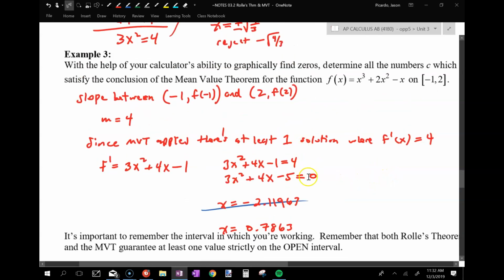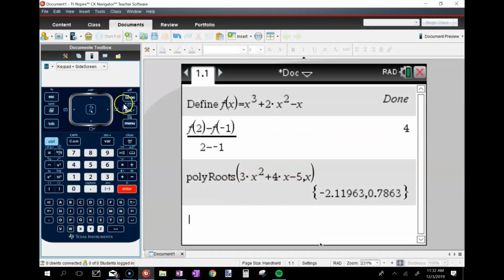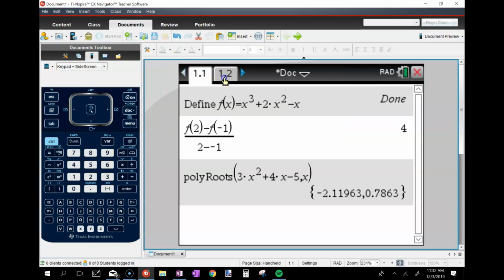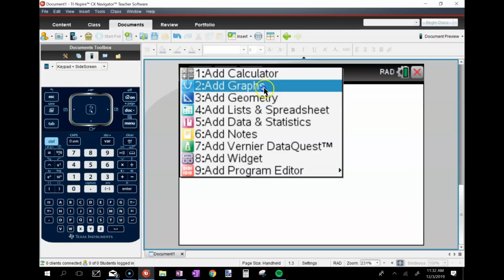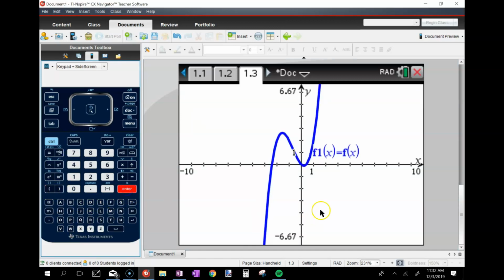You guys want to see what this actually looks like? So here's what we really just did, okay? So there's the graph, right?